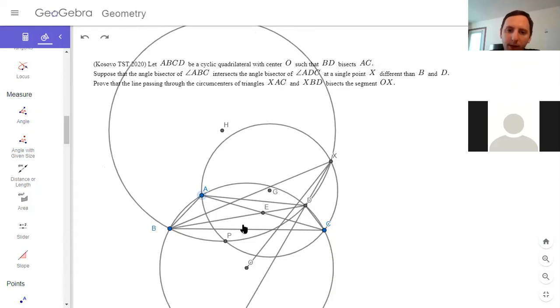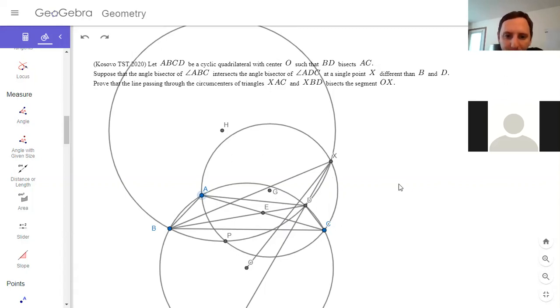And so if GH passes through the midpoint of XP, and we want to show that GH also passes through the midpoint of OX, that's the same as saying that those two midpoints would be parallel to OP. Which is the same as saying that angle OPX is 90 degrees. Yeah.